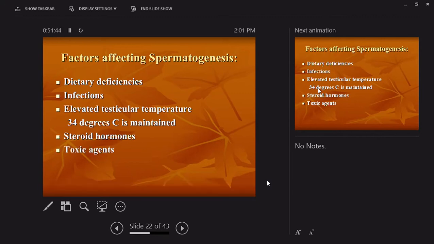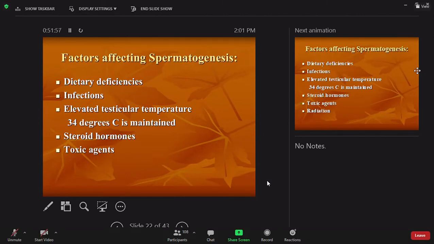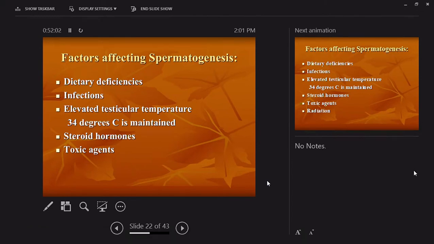Toxic agents. Let me ask. Sino mga lalaki dito? Aporilio, what are the toxic agents that may give problems to the development or to the process of spermatogenesis? What are the toxic agents?